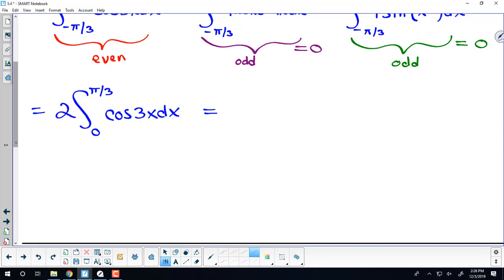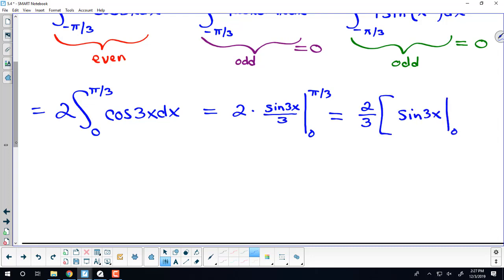Sine 3x over 3. Yeah, sine of 3x over 3, evaluated from 0 to pi over 3. So we'll just write that as 2/3 times the sine of 3x from 0 to pi over 3. And then we plug in our bounds.